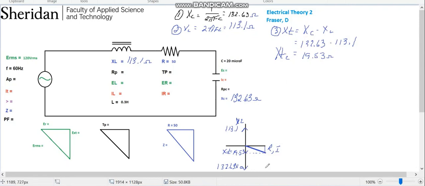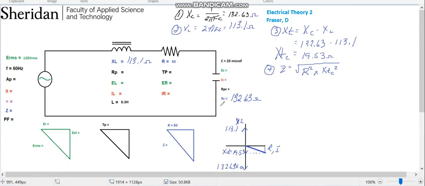Next, let's find our total impedance. Step number 4: our total impedance, Z, is the square root of my resistance squared plus my total reactance, which happens to be capacitive, squared. The capacitance being higher is somewhat more predominant in the circuit.